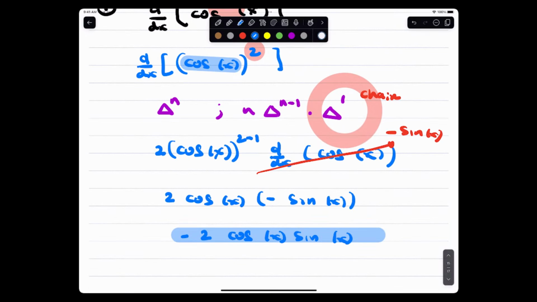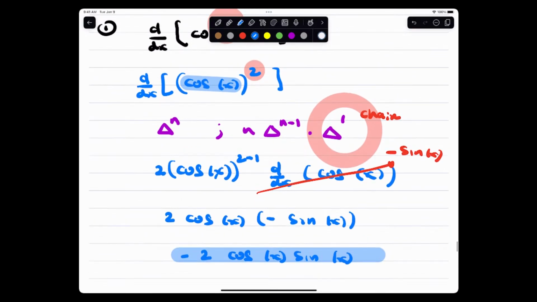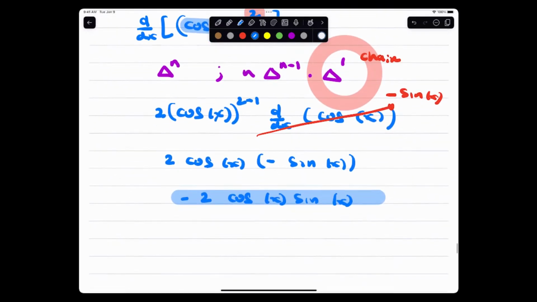Can we write it as negative sine 2x? It depends what you mean by negative sine 2x. This 2, so you guys know, this constant never gets multiplied to what's inside the argument. Yeah, but you can transform it using trigonometric identities.